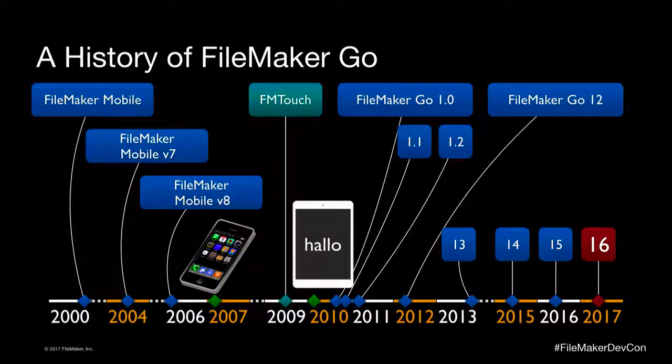In between those two releases, there was a third-party app called FM Touch that I want to put out there because it really led FileMaker into iOS. Then FileMaker released FileMaker Go 1.0. And then ever since 12 came out, they have in step released a copy of FileMaker Go 12, 13, 14, 15, and 16. As was noted last night during the presentation, we got the iOS SDK last year with 15. It was improved this year, and I hope that it will be continually improved for additional things.